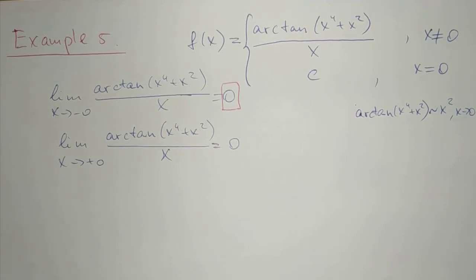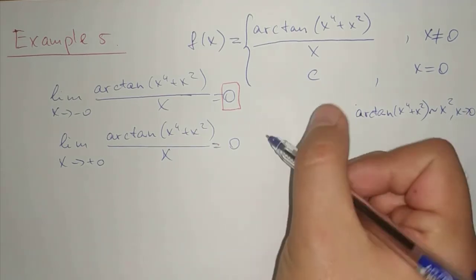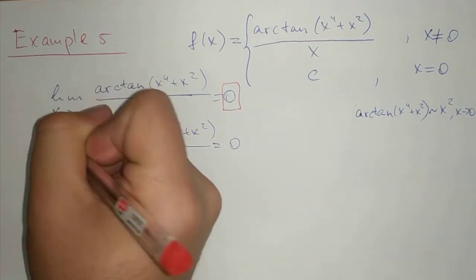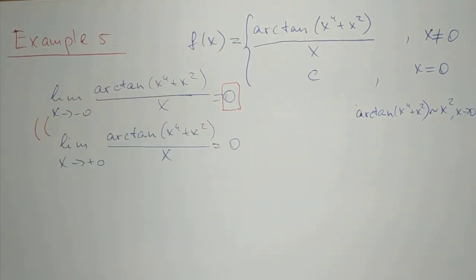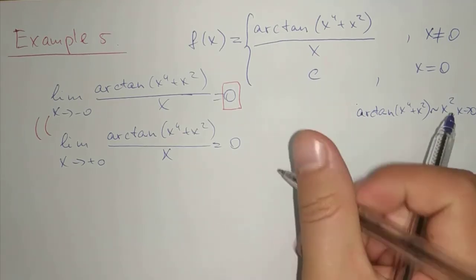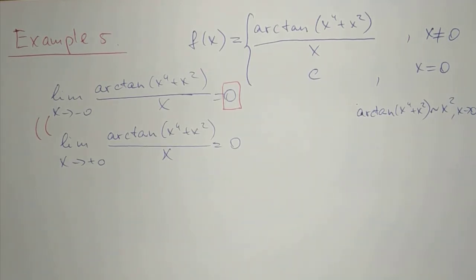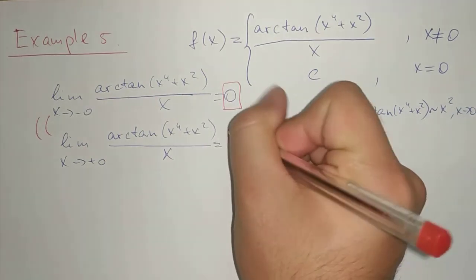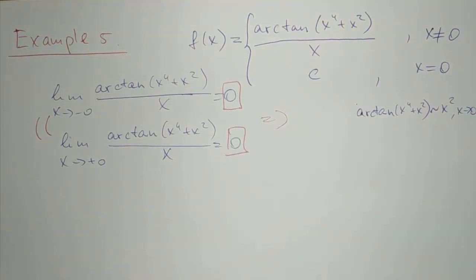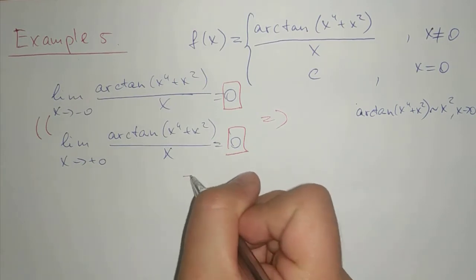So it means c, however they are equal, to be continuous, the two one-sided limits should be equal. So now we get that c should be equal to 0.